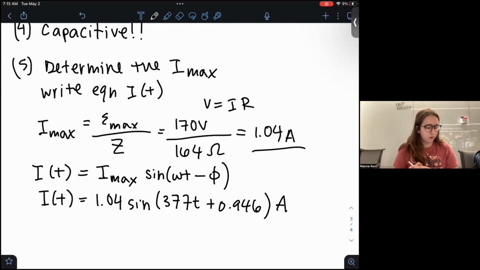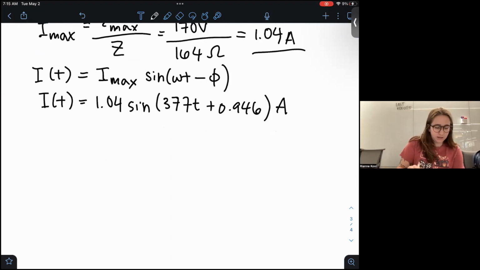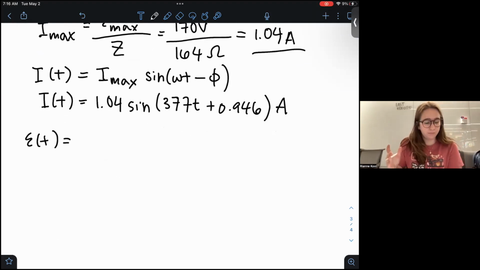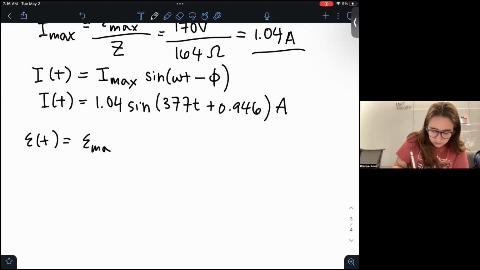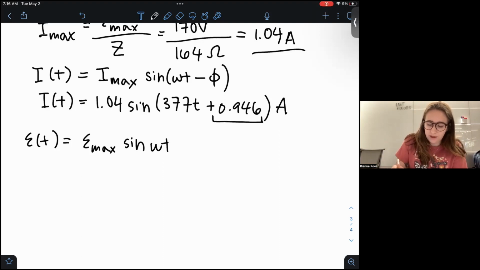And so we want to maybe graph these as well. One other thing that we should look at is the E of T, which is our voltage. That is just the E max sine omega T. This is important to note because we have this value right here that is our phase angle.